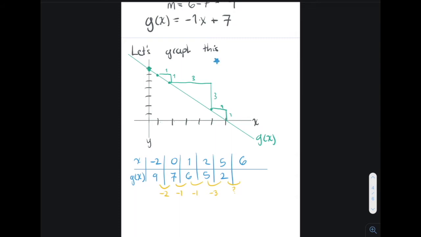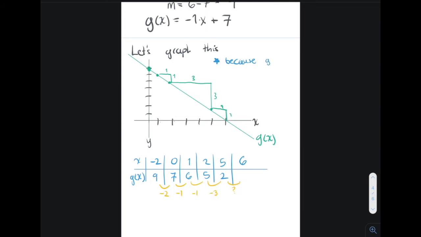At this point, also note that in this graph, our function g of x crosses the y-axis at the point y equals 7. Because it crosses at that point, we're going to give that a special name, call it the y-intercept.